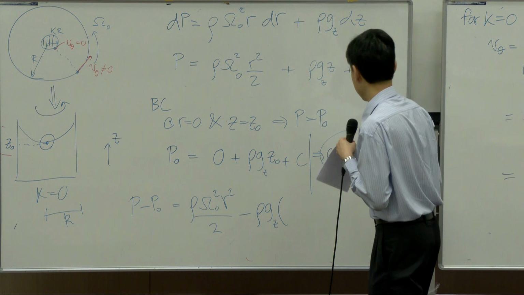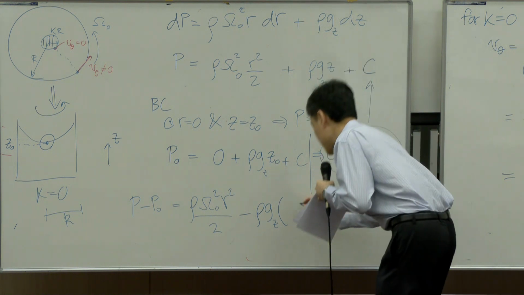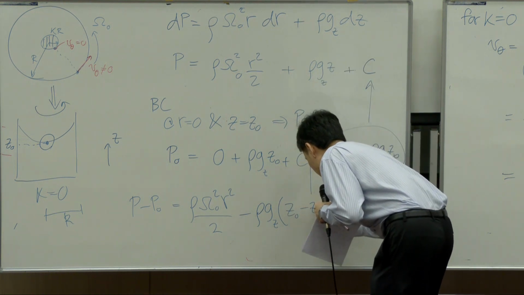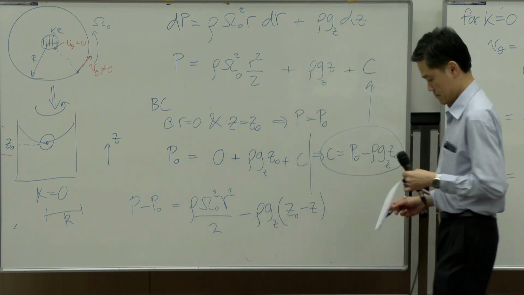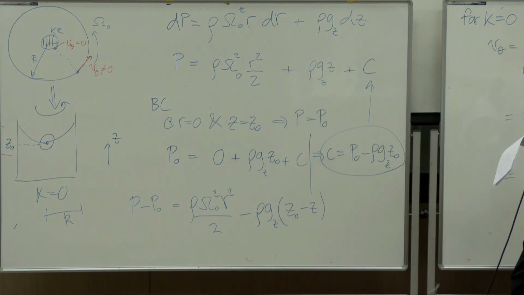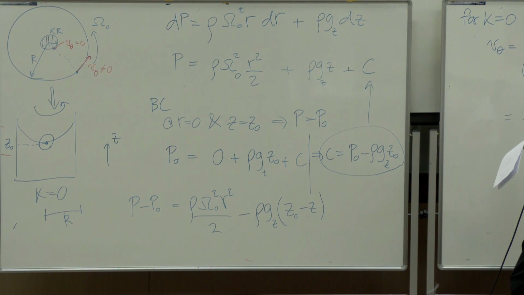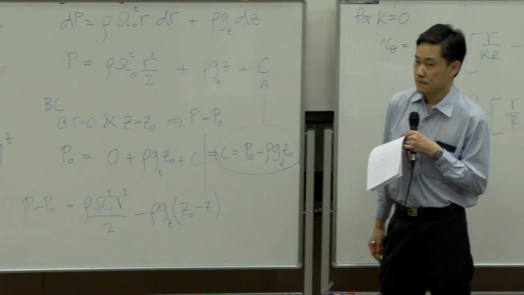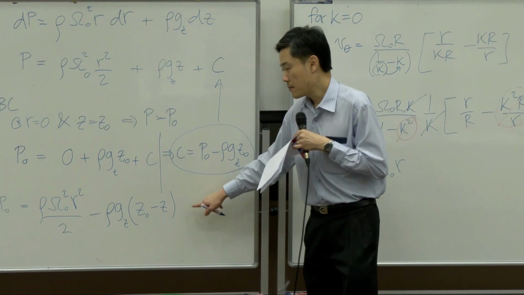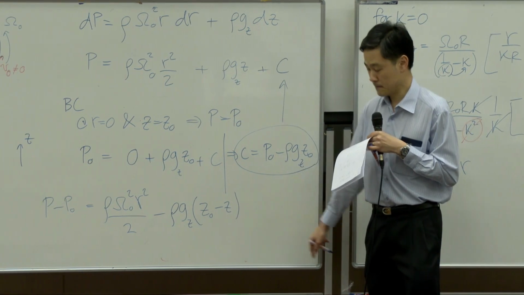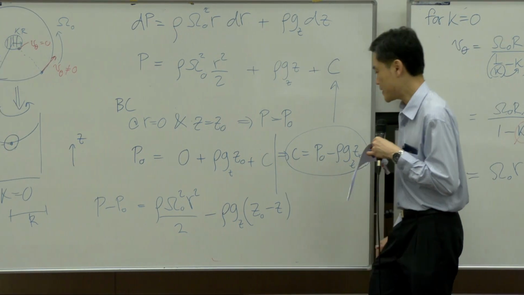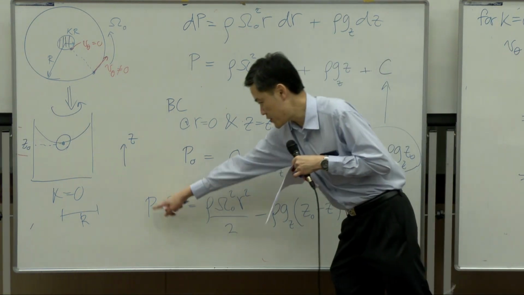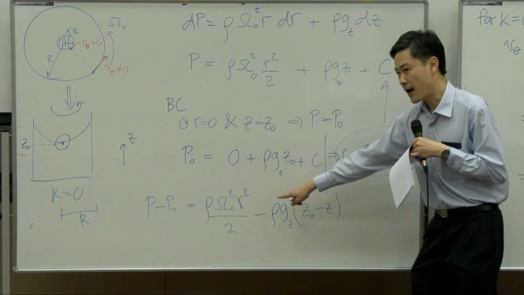Inside, if I take z0 first, I get z0 subtracted by z. This would be your pressure profile. Or you can say it gives you pressure at different spots in your system.